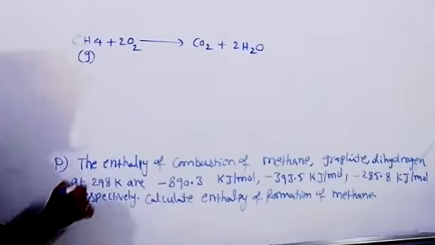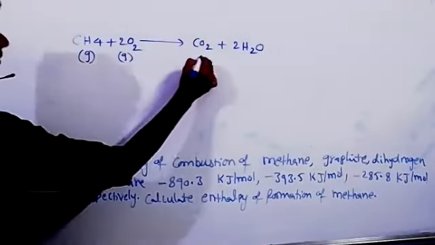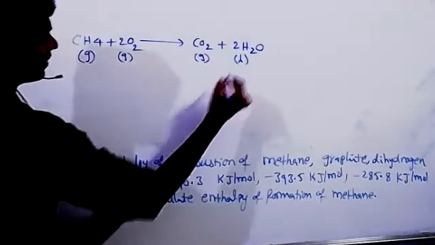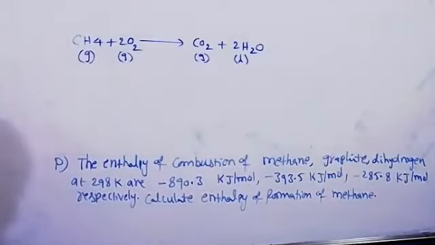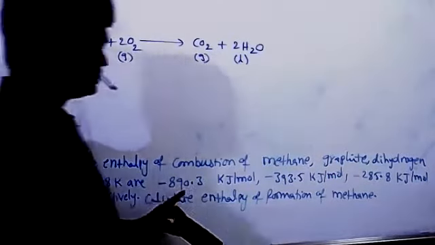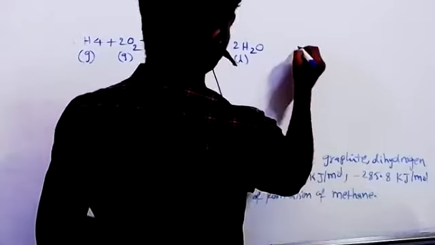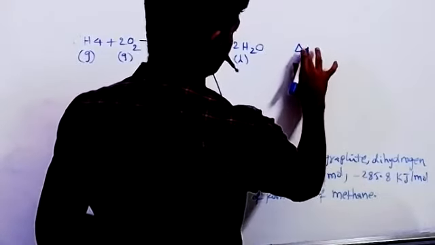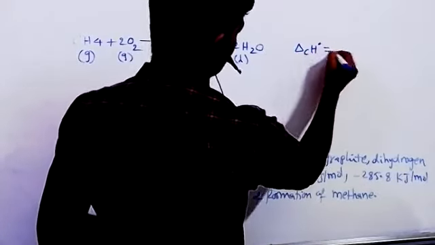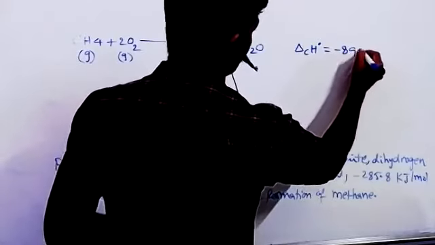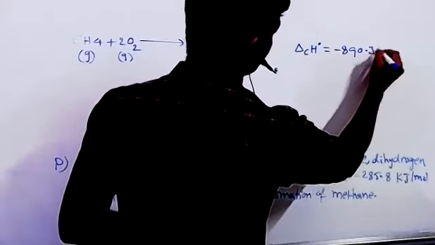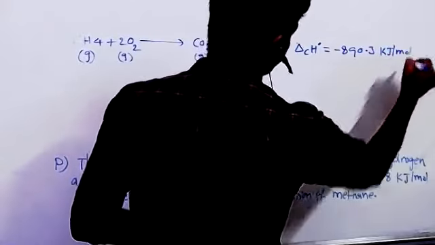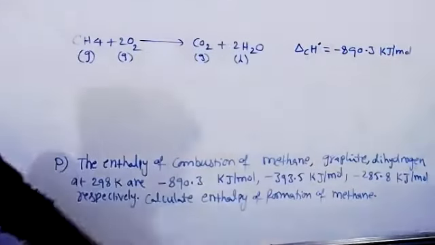Take 2O2, the gas, and H2O is liquid. The value is minus 890.3 kilojoule per mole.